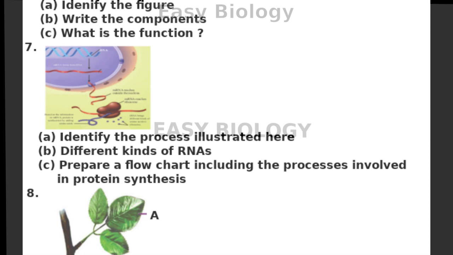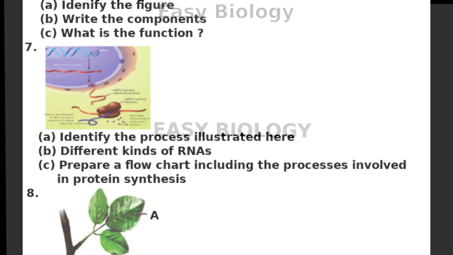Third step, mRNA reaches ribosome. Fourth step, tRNA brings different kinds of amino acids to ribosome. Fifth step, based on the information in mRNA, protein is synthesized by adding amino acids.